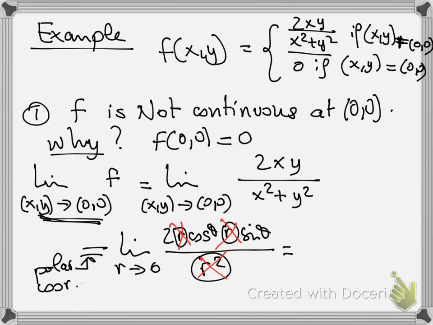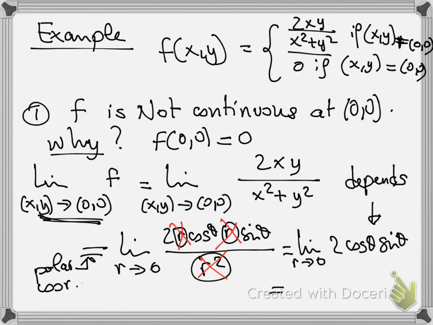So that will be equal to the limit as r goes to 0 of 2 cosine theta sine theta. Okay, so this limit depends on the angle theta. For different thetas you get different limits. So the limit does not exist, because it depends on theta.